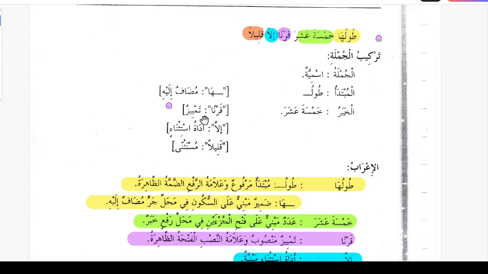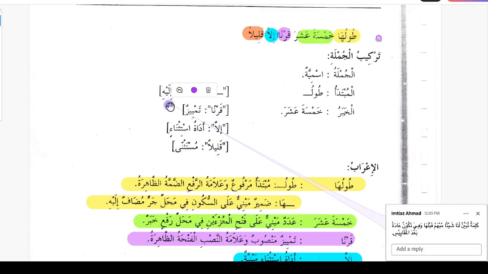Karnan is tamiz. We studied tamiz already. So tamiz is kalimatun tabayyanu lana shayyan mubhaman qablaha. So tamiz is the word that specifies for us something not clear, obscure. So that clarifies that ambiguity before it.